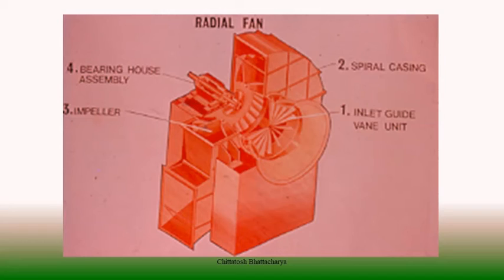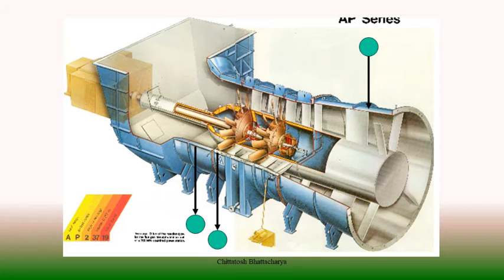And when we see the axial fans, the suction is taken along the axis and discharge is also axial. So naturally there is a diffuser, there is an impeller fitted with a shaft.